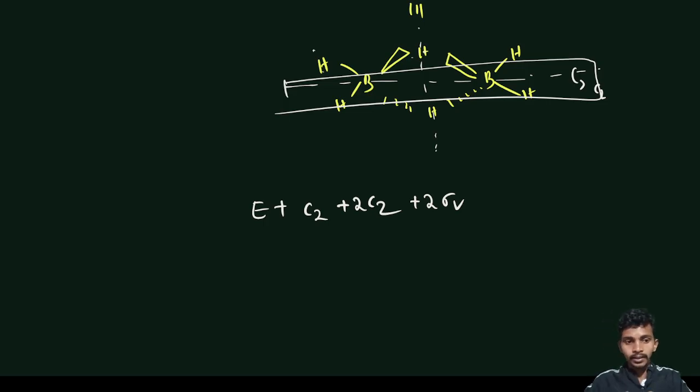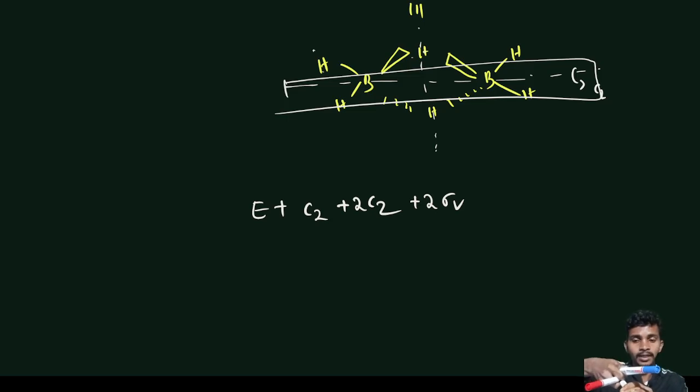These are front H and these are back H. So another H is something like this, and below.